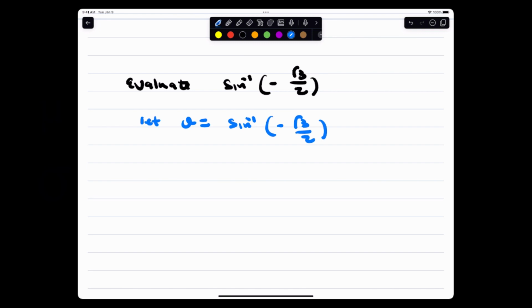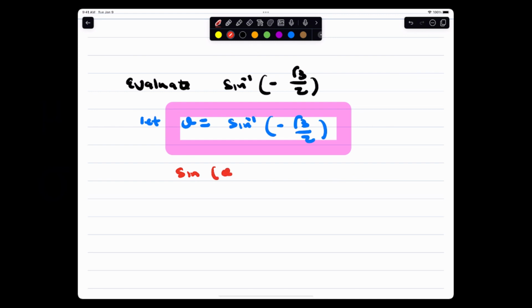That means sine theta is negative square root of 3 over 2.